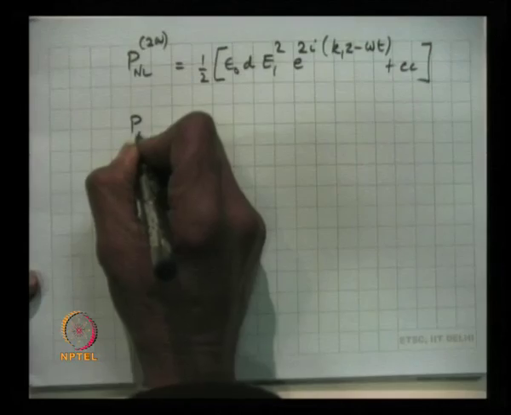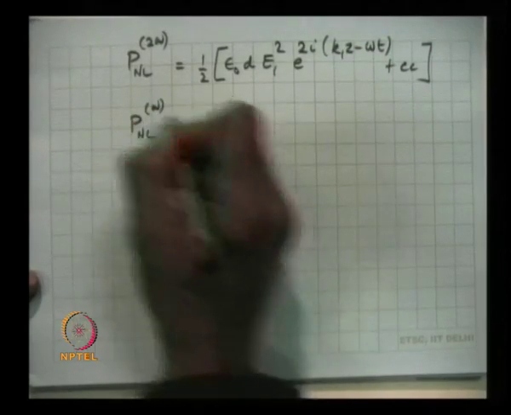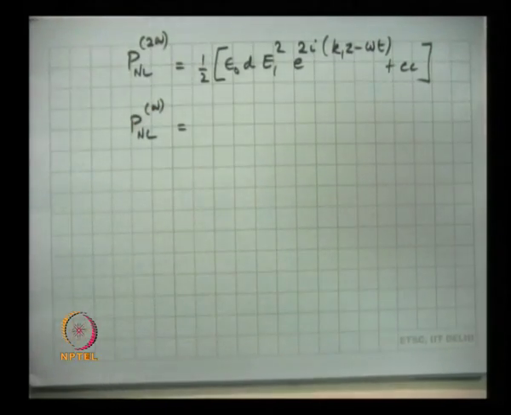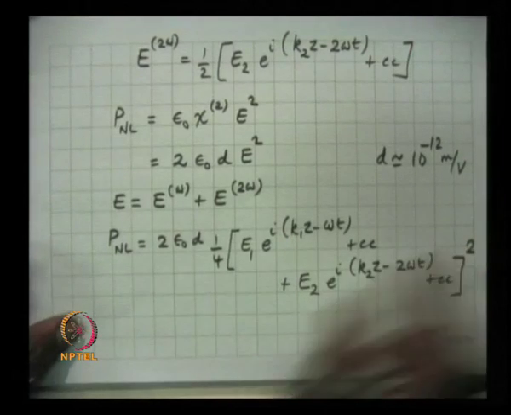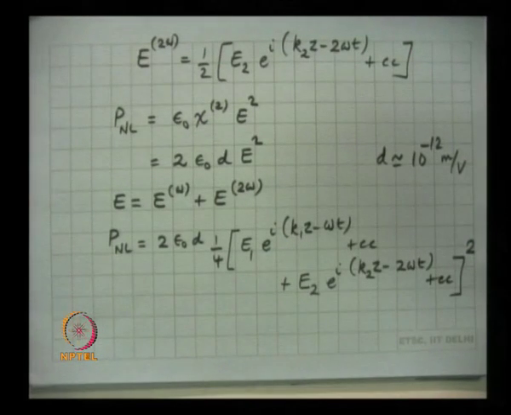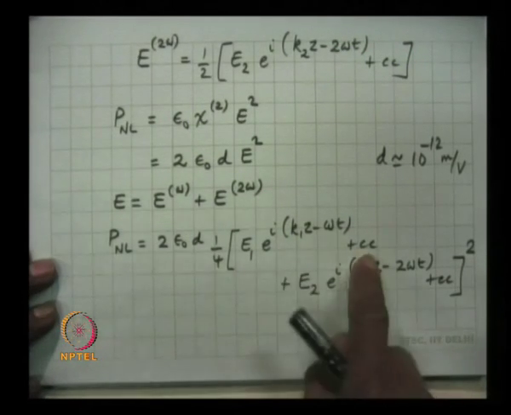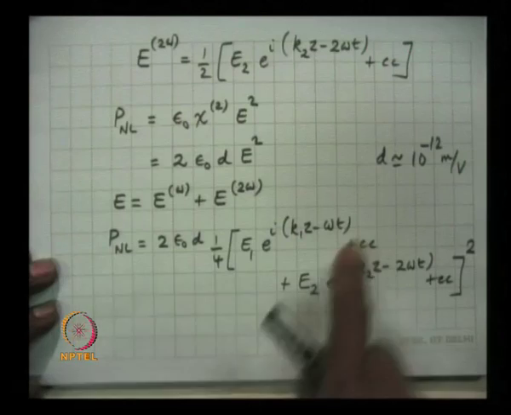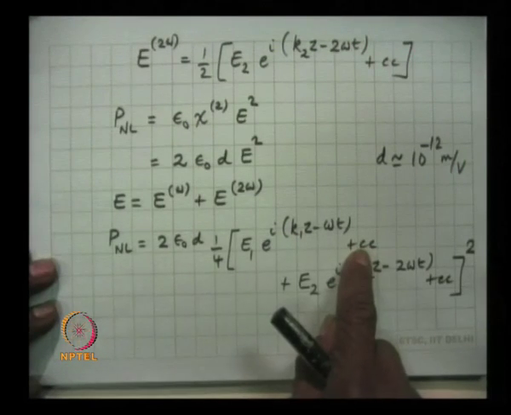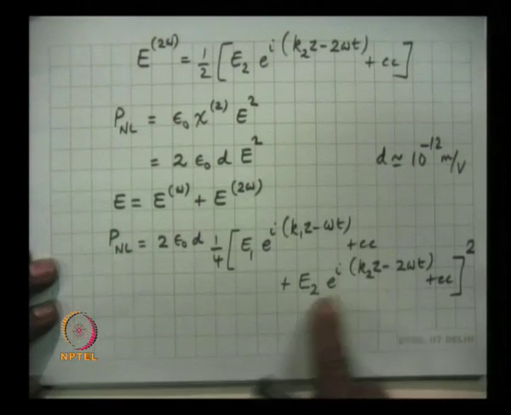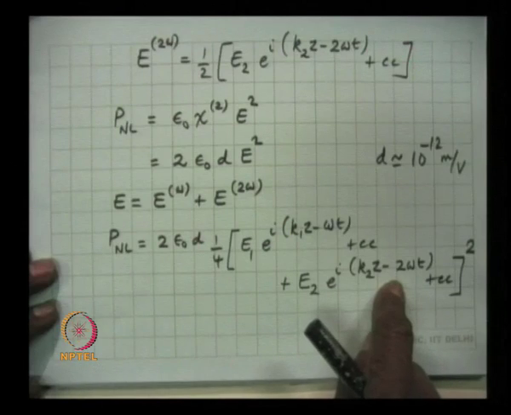What about P nonlinear at omega? Let me look at this equation again. Which product will give me frequency omega? This into the complex conjugate of the first term, because this complex conjugate has exponential plus i omega t, multiplied by this will give me exponential minus i omega t.